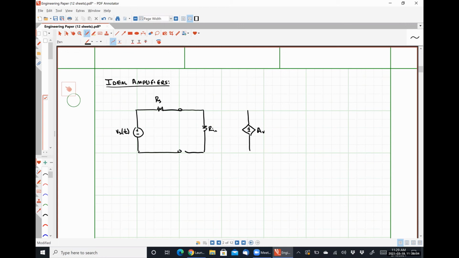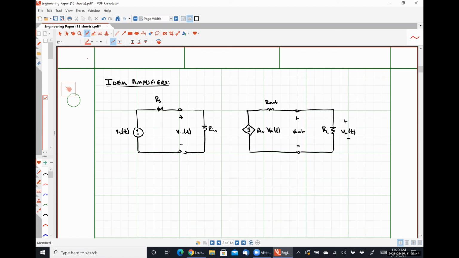Here is AV times Vn of t, where Vn of t is the voltage drop over our input resistance. Here is V out, and then we may have a load resistance RL connected to our output, like so, such that there is some load voltage VL as a function of t.